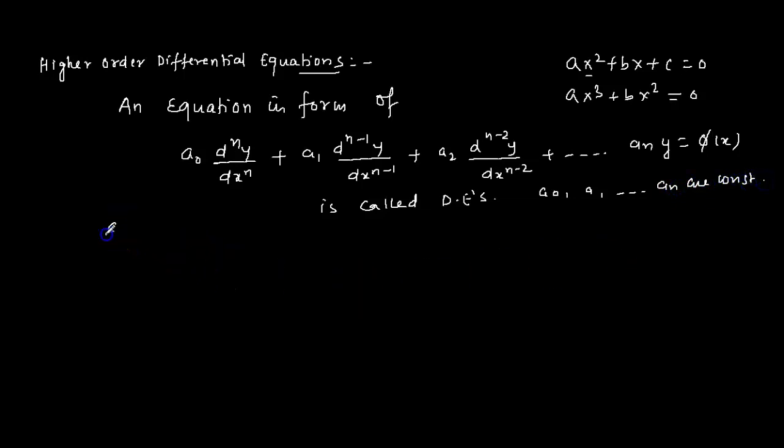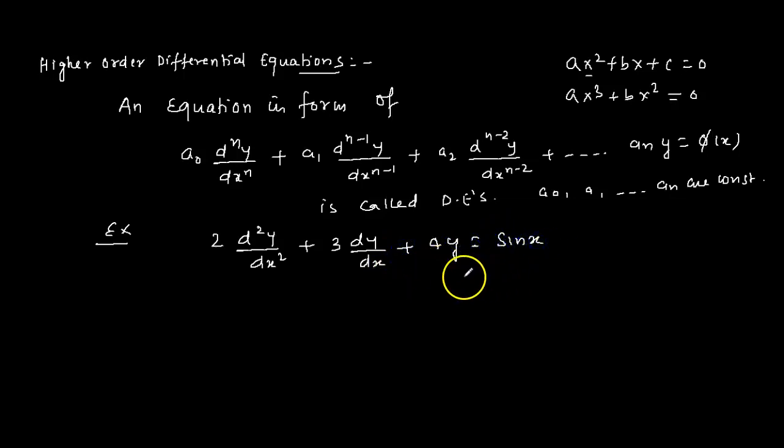Same example, we can write here: 2 into d square y by dx square plus 3 into dy by dx plus 4y is equal to sine of x. So this is a differential equation only.